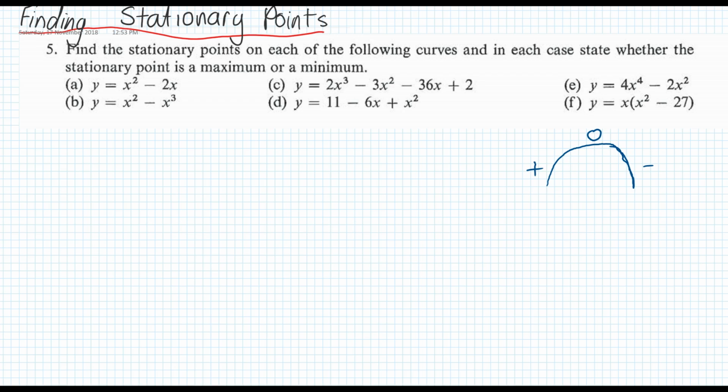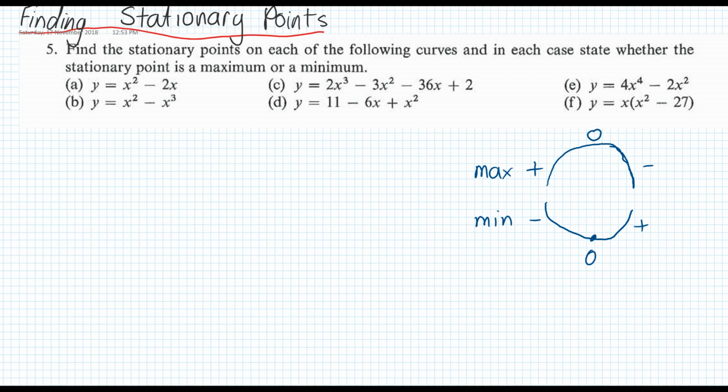Okay, so this one that I've drawn that has a positive, zero, and negative gradient is a max. Okay, there's obviously the happy face to its frowny face, which is one that goes minus, stops at zero, and then has a positive gradient, and that's called a minimum.